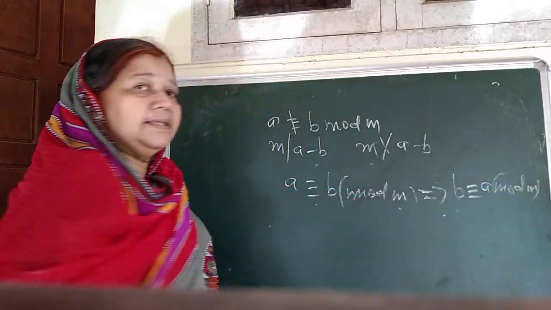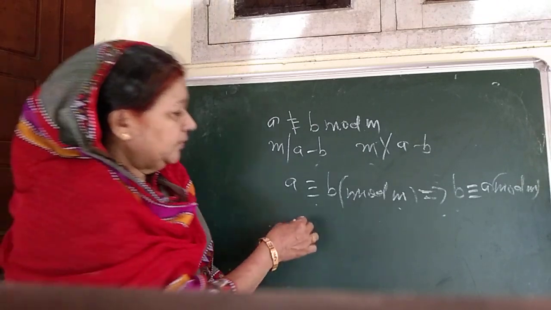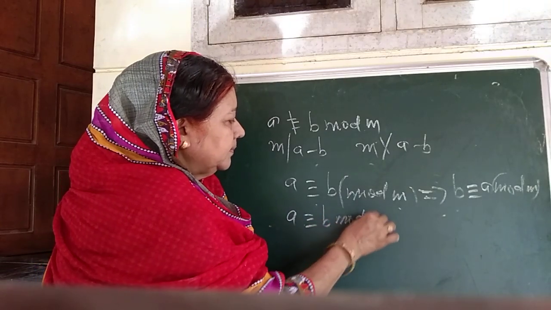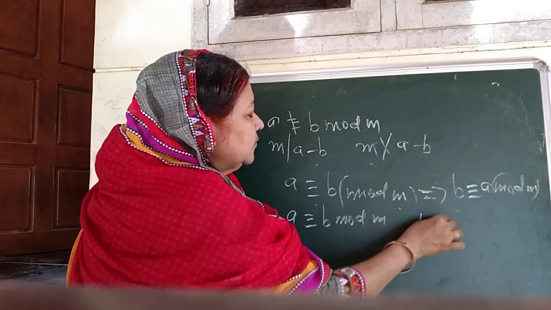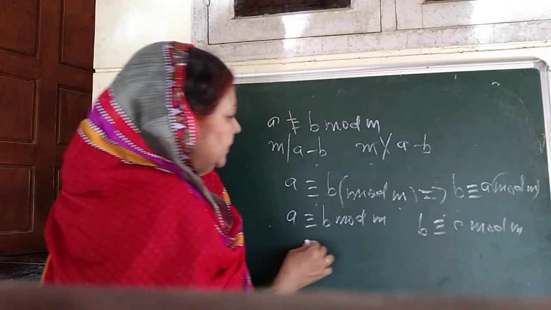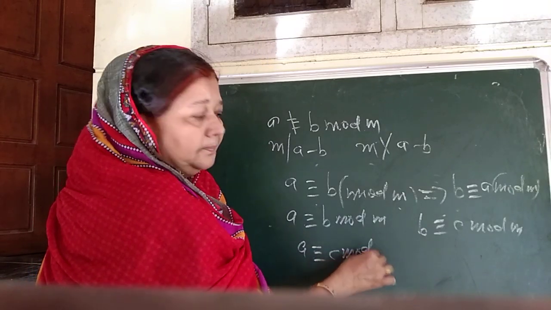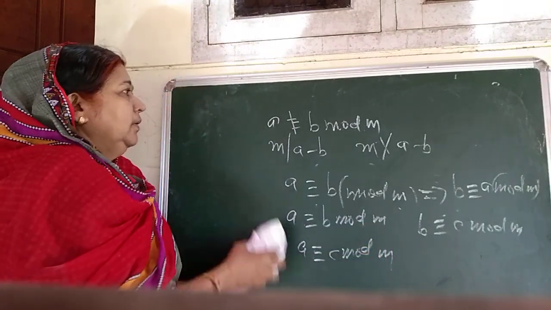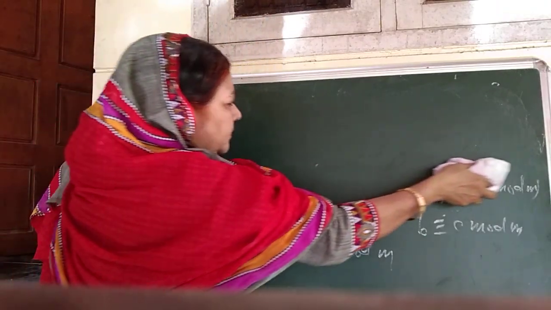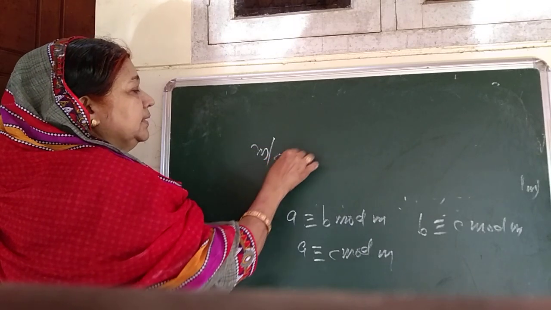Similarly, we can see that the relation is transitive. We know a is congruent to b mod m and b is congruent to c mod m. Then a is congruent to c mod m. Since a is congruent to b mod m, m divides a minus b.